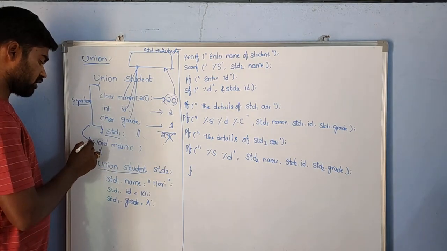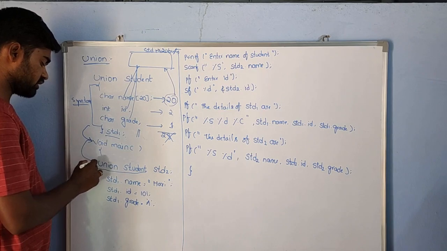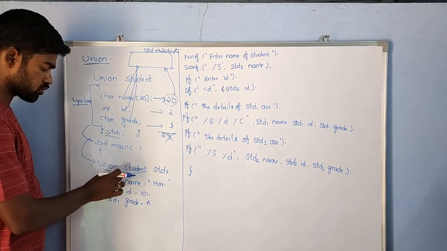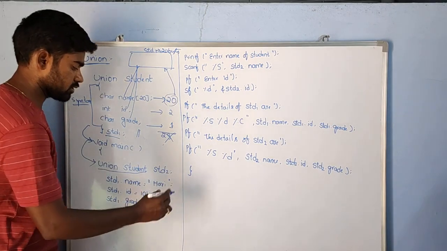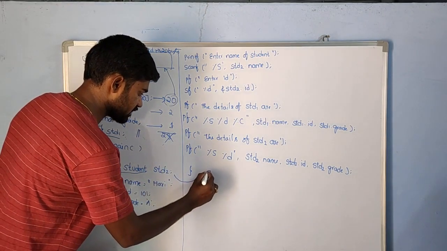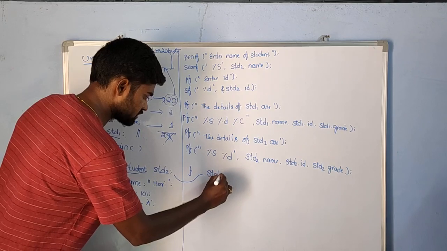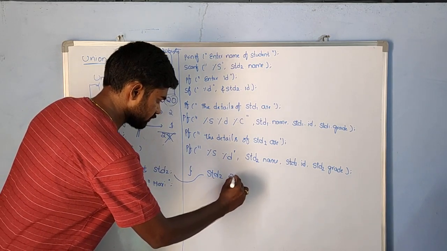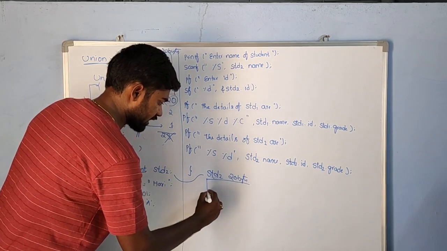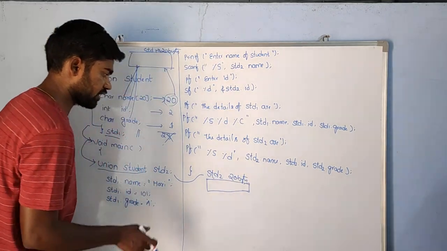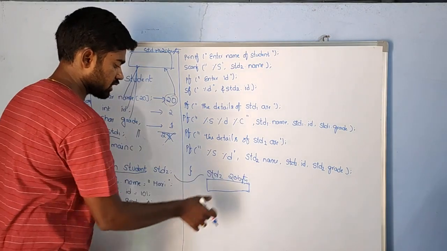Then the control moves to the other variable we are creating, the union. Now this std2 got memory allocation of 20 bytes, because of the same concept we are using here.